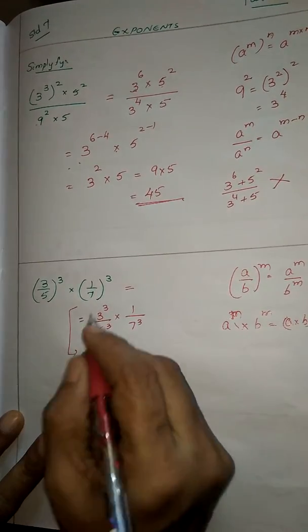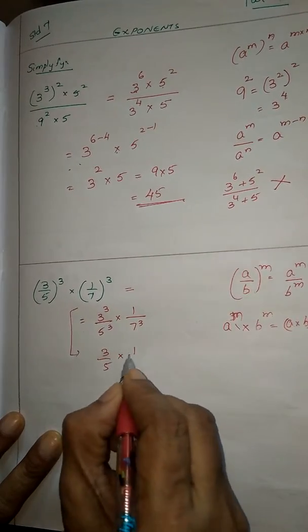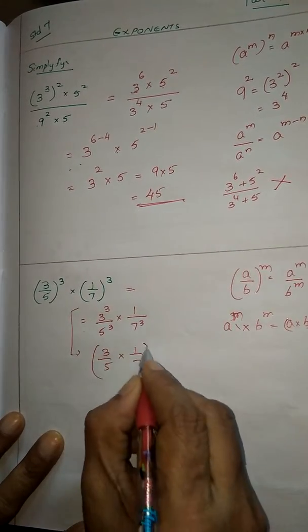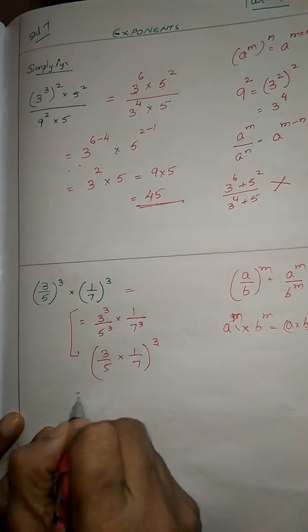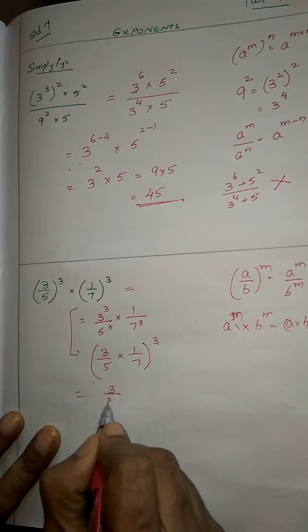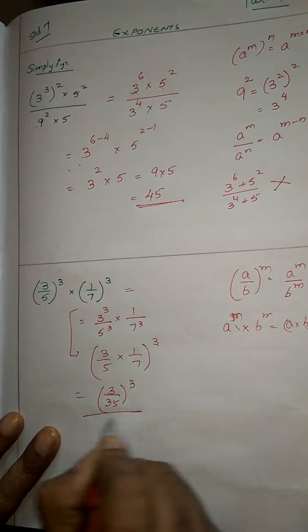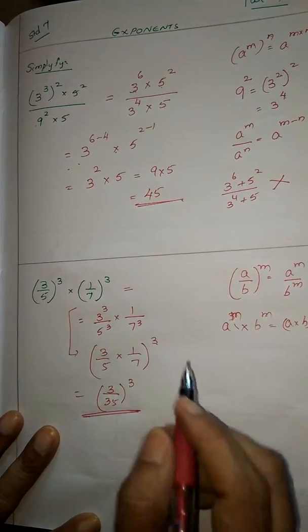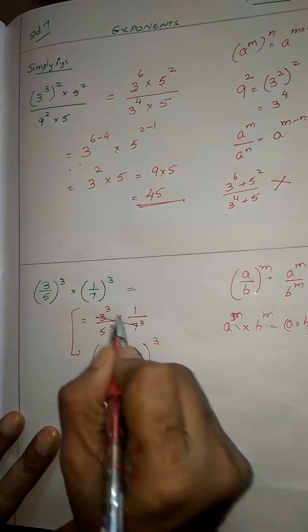So you can write this also as (3 by 5 into 1 by 7) the whole to the power of 3. Now there is nothing common over here, so (3 by 35) whole to the power of 3. Here if you do this also, you will get the same. So instead we will go to this.